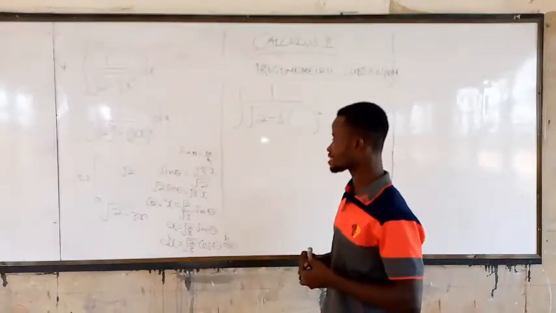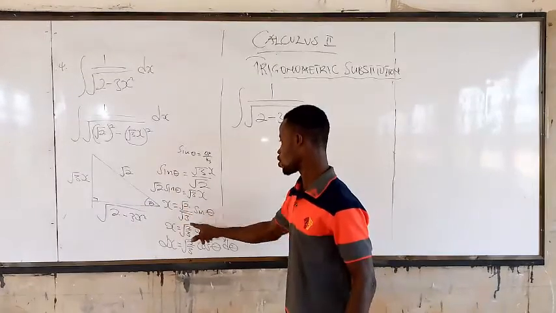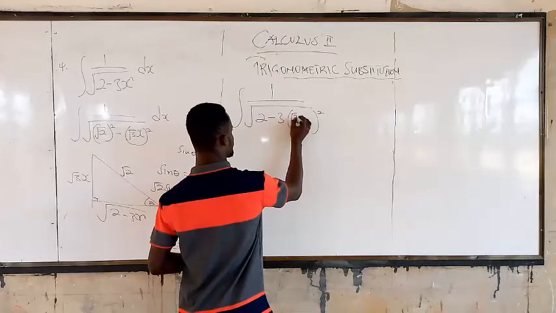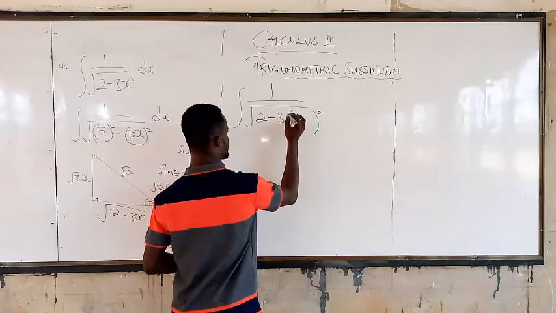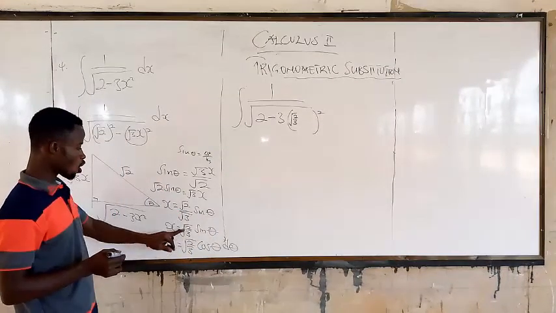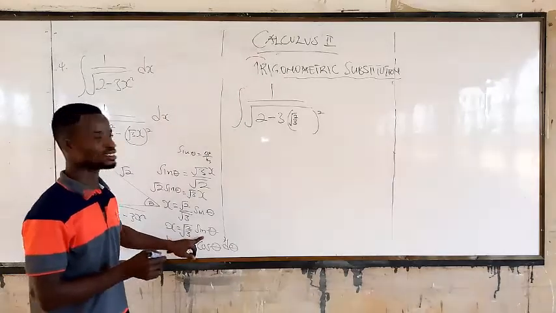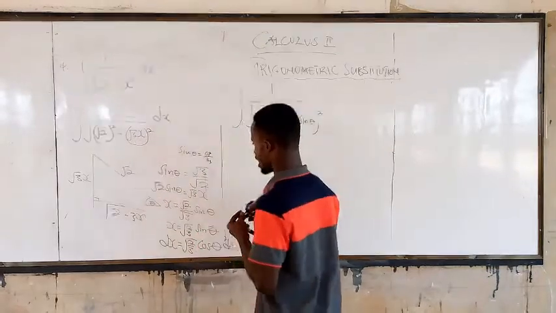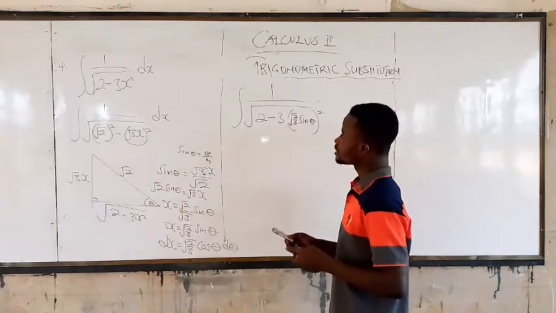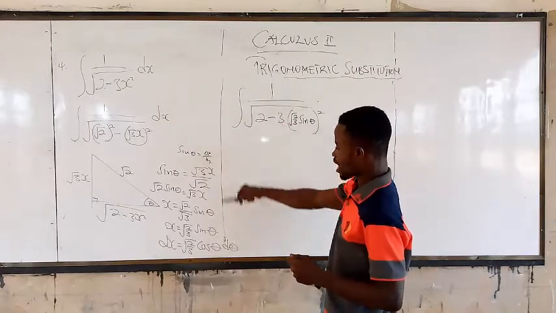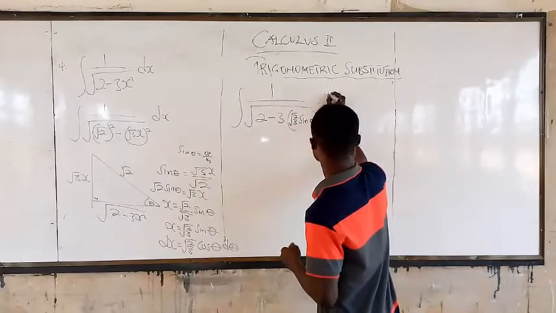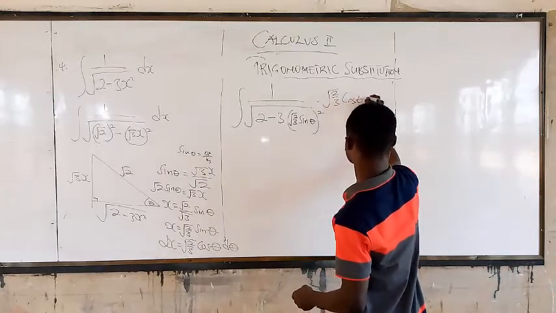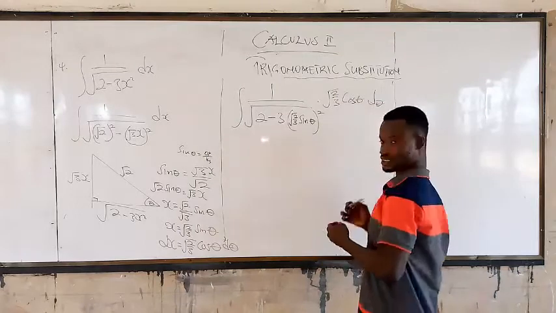Please, the s is the whole of this, which is square root of 2 over 3 sine theta. And the ds that we have there is square root of 2 over 3 cos theta d theta. Hope you can see that.